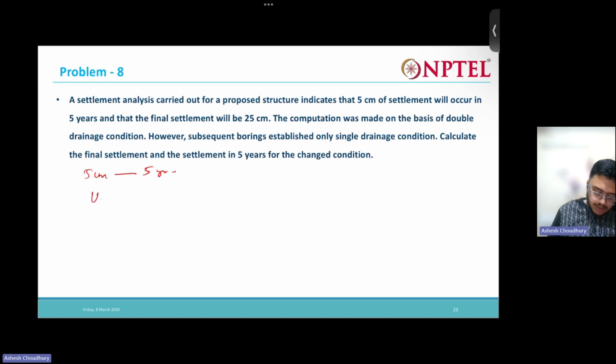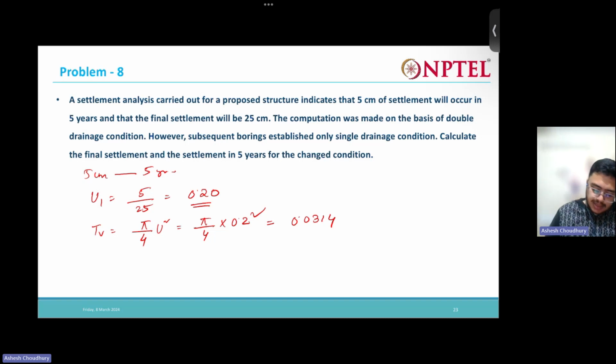Okay, so what is U1? Right, because it is less than 60%, that's why we are using this relation. So this will come under 0.0314.